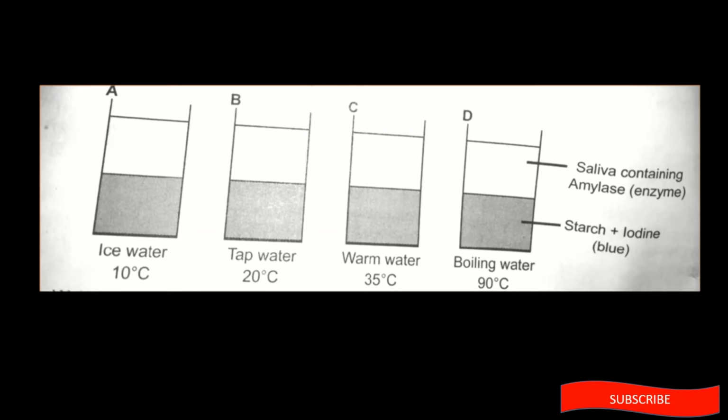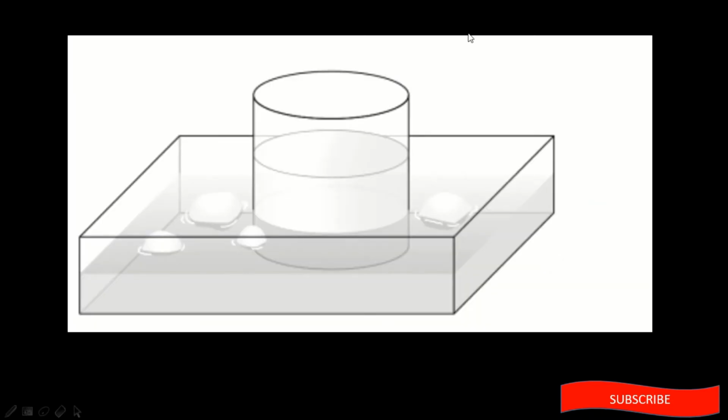All right, so when we say water bath, this is when you have your test tube that contains amylase and starch, and you put it in a water bath. A water bath is a container that contains water. A normal water bath has a temperature knob that you maneuver to ensure that, for example, my temperature is at 10 degrees, and it will stay at 10 degrees for the period you are running your experiment.